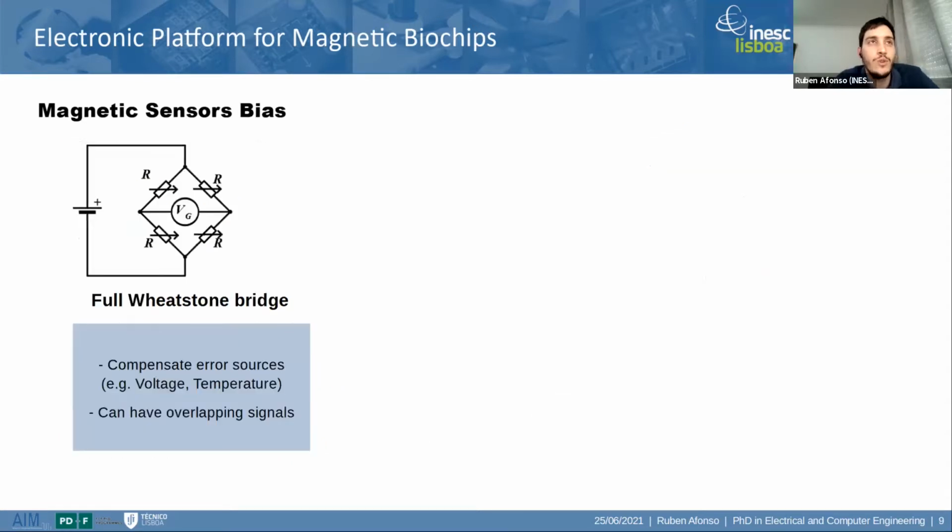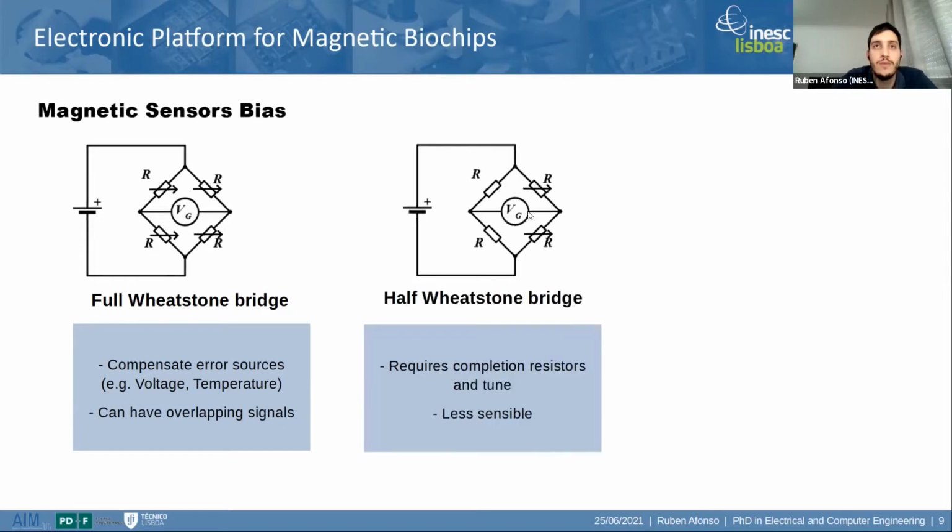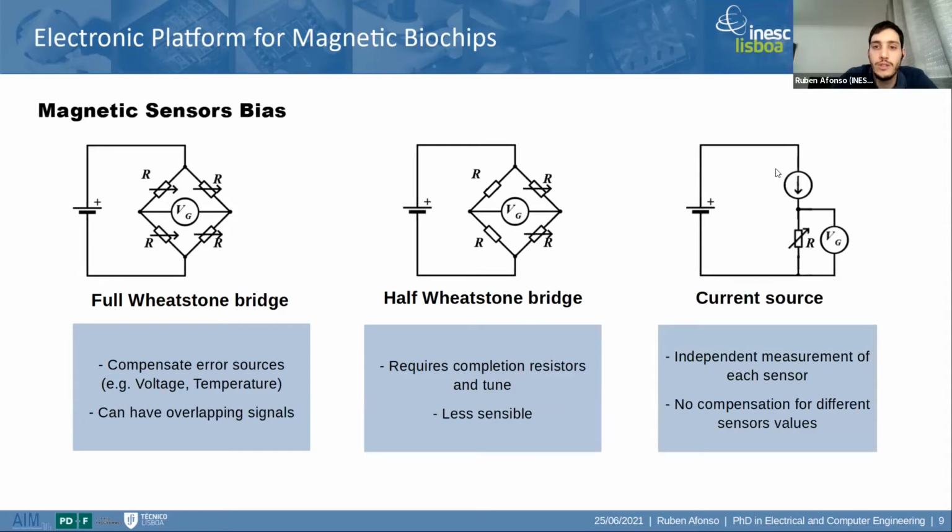But how are we able to read the sensors? In literature, several approaches are used, but mostly use very simple bias schemes like a full Wheatstone bridge or half bridge, or also high-end current supplies, current sources. Wheatstone bridge topology has several advantages, mainly compensating for external error sources, such as voltage and temperature.